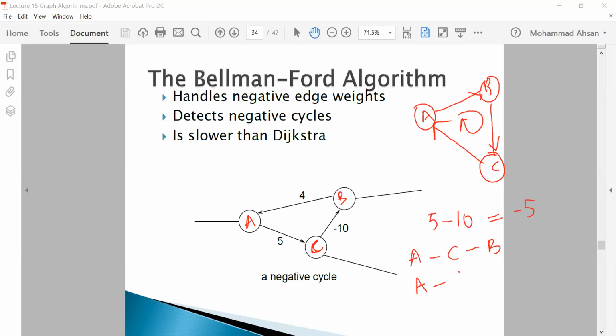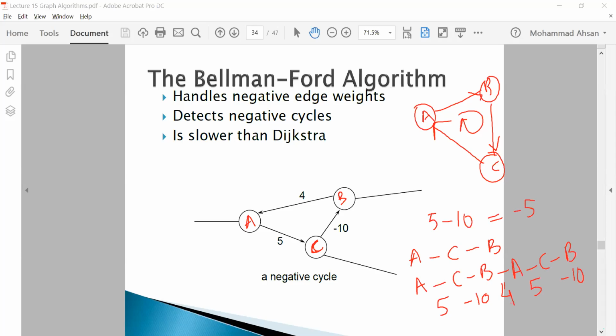But if I take this path, basically I go around twice. So A to C is 5. This is minus 10. B to A is 4. Again, A to C is 5. And again, this is minus 10.